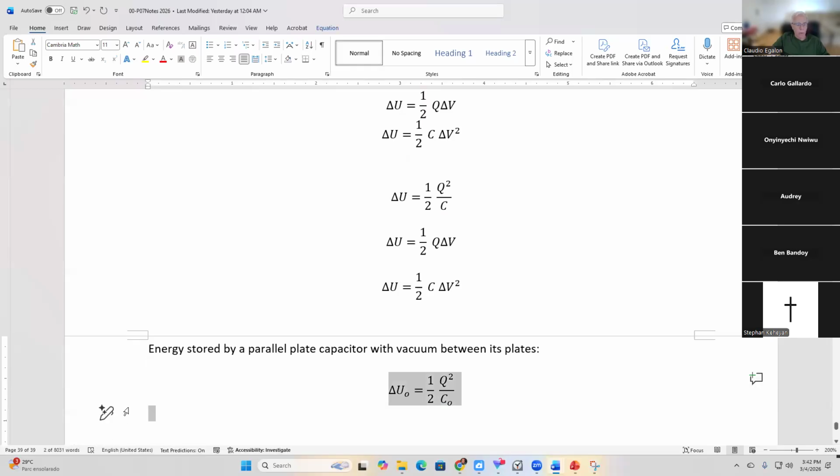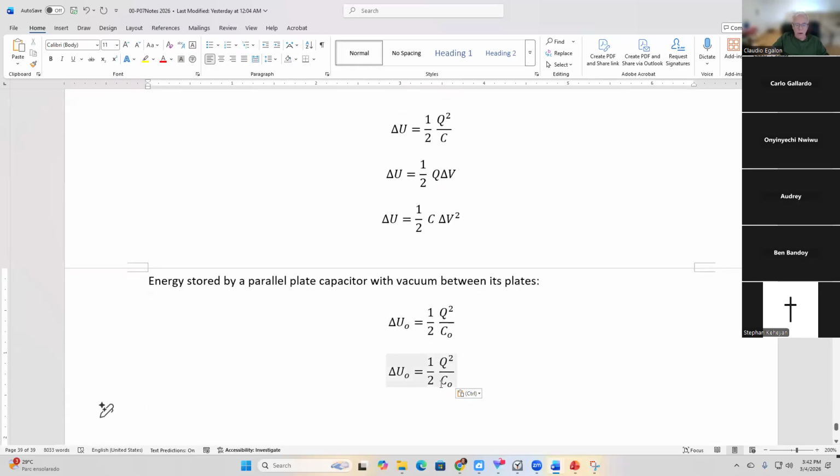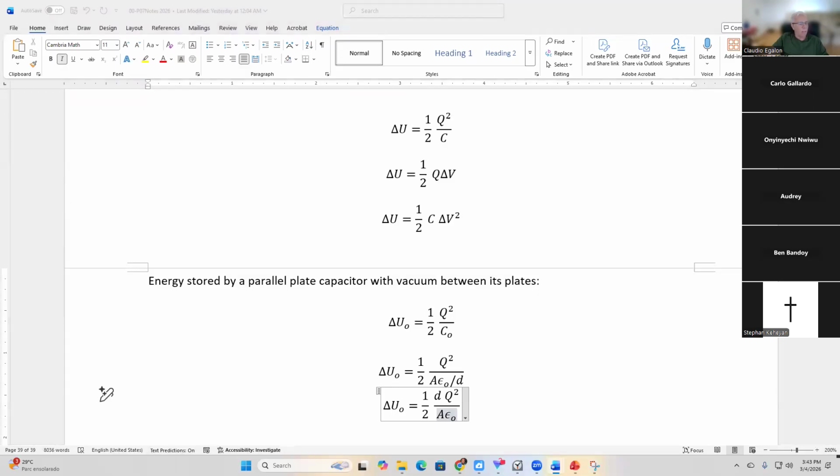We derived previously that C naught is the area of the parallel plate capacitor times epsilon naught divided by D, the separation between the plates. So D goes upstairs. And that's what we get for the parallel plate capacitor.